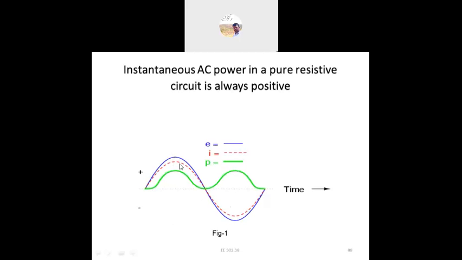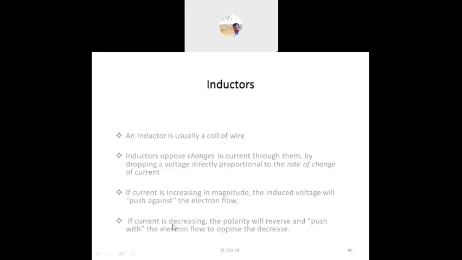E is nothing but the voltage, and the other line refers to the current. The green line shows the instantaneous power, which is always in the positive direction only.